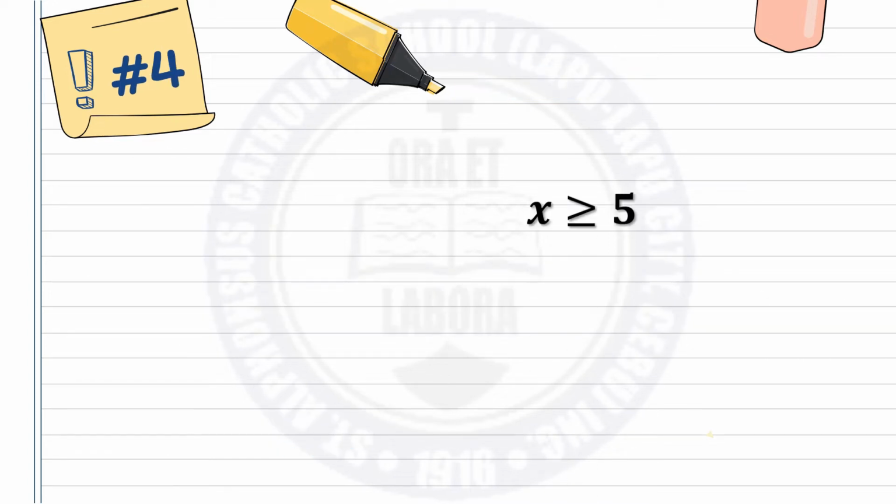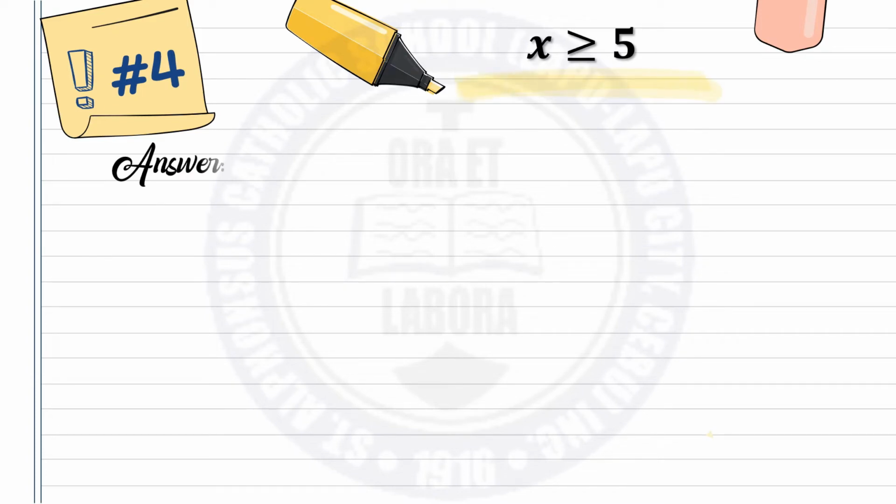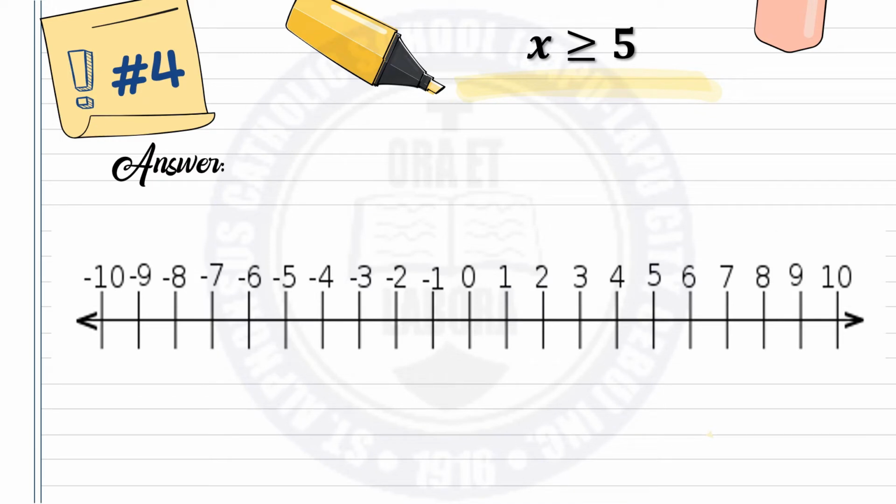Next, number 4. x is greater than or equal to 5. Draw first the number line, with a solid dot on 5, because we are using the inequality symbol greater than or equal to. That means 5 is included. Since we are stating values of x that are greater than 5, and these are 6, 7, 8, 9, 10, our arrowhead will go beyond until positive infinity.